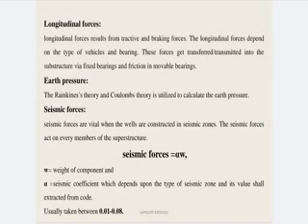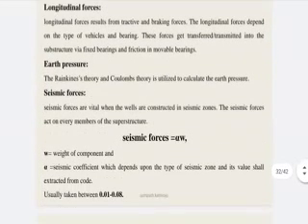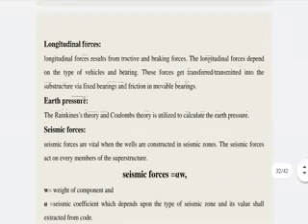So seismic force is given by the formula alpha into W. What is W? Component of a well. And alpha is nothing but the seismic coefficient, which depends upon the type of seismic zone, and its value shall be extracted from the code. Generally, the value of alpha lies between 0.01 to 0.08.